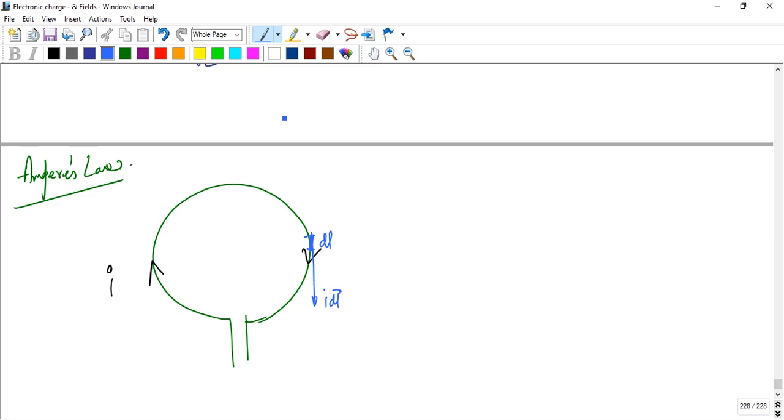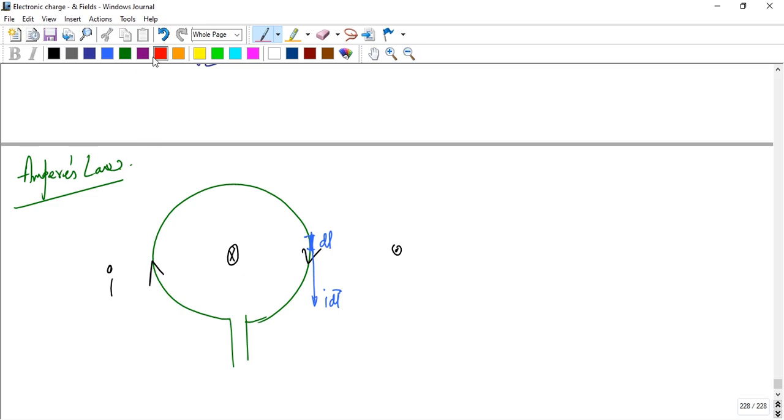If the thumb represents the I dl direction, and we curl the other fingers, we get the magnetic field direction. So the magnetic field B here is a cross, going inside the board, and here is a dot.